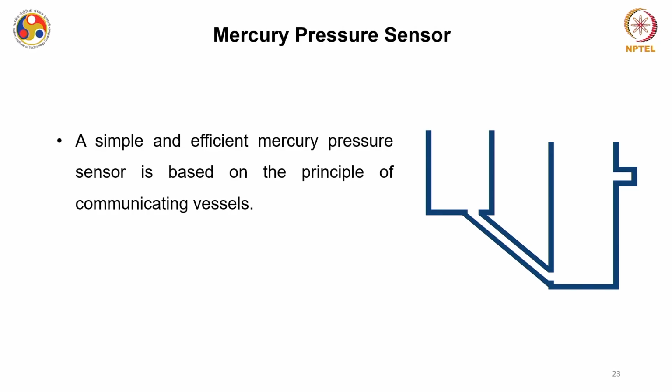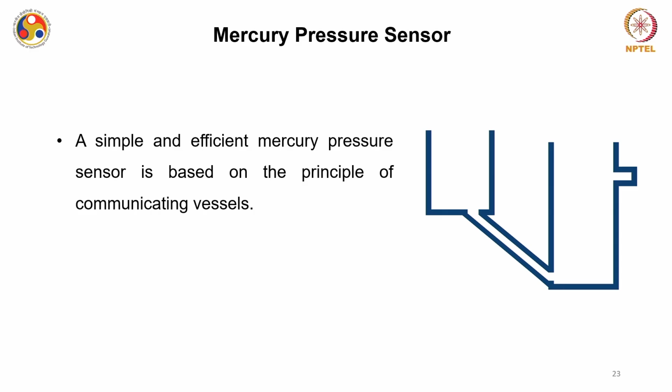Let us now discuss the basic sensor or basic device that is used to detect pressure in the Pascal range. A simple and efficient mercury pressure sensor is based on the principle of communicating vessels.